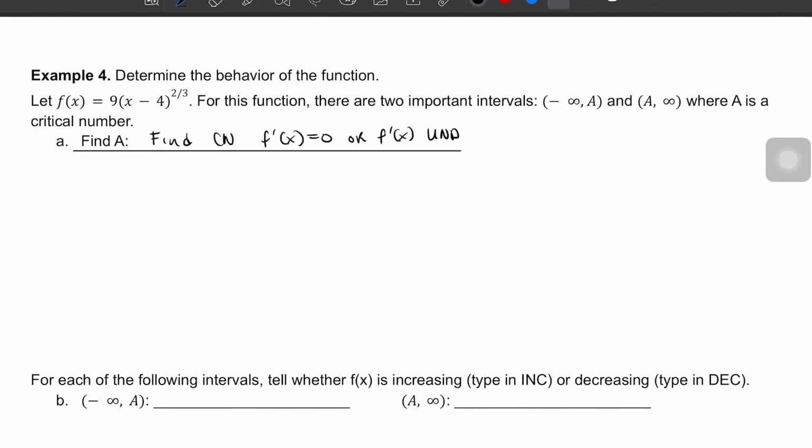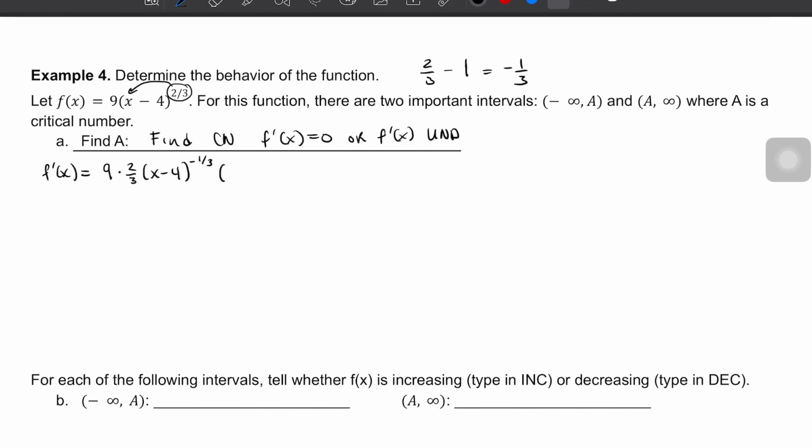All right, so let's find the derivative first. And the derivative of this, by using the chain rule, is going to be 9 times the product of the power, which is 2 over 3, times x minus 4, and then subtract 1 from the power. So 2/3 minus 1 is negative 1/3. You can put that in your calculator. 2/3 minus 1 is equal to negative 1/3.